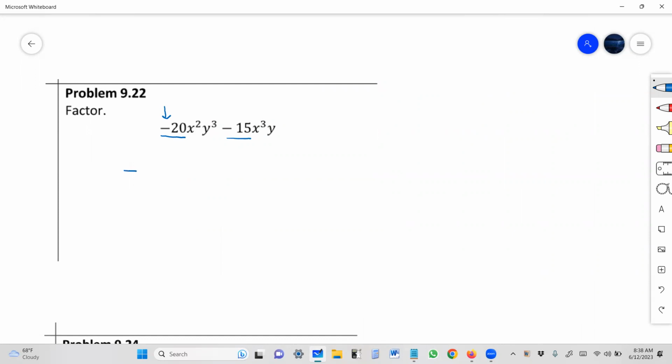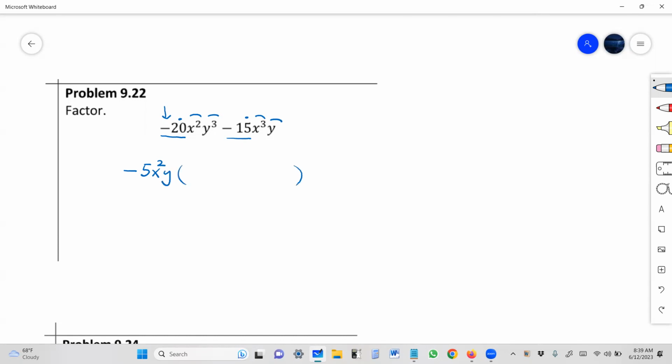So minus, and now focus on the number. The largest number that can go into both 15 and 20 is still 5. I look between the x squared and the x cubed. The smaller one is x squared. And I look between y cubed and y, and the smaller one is y to the 1.